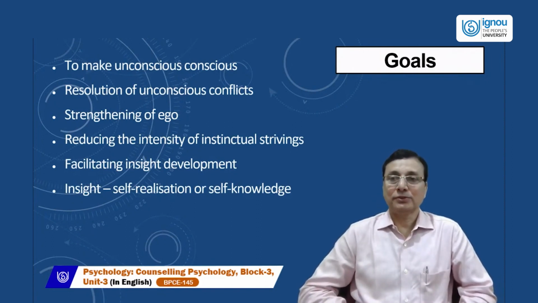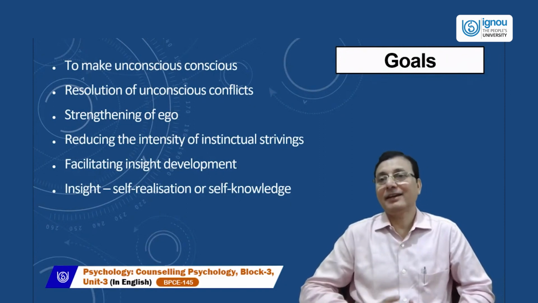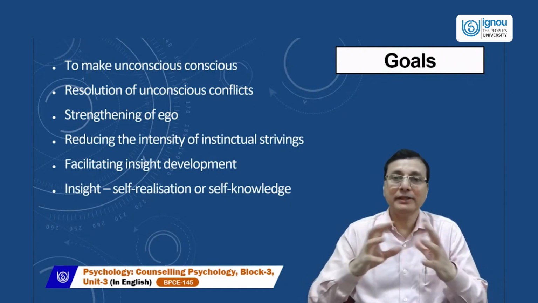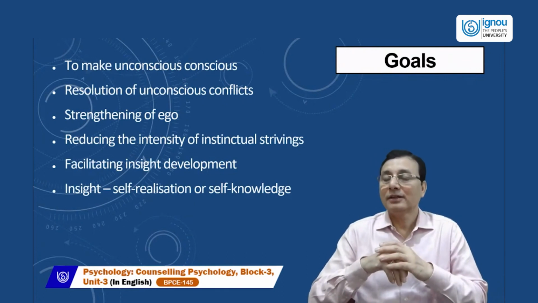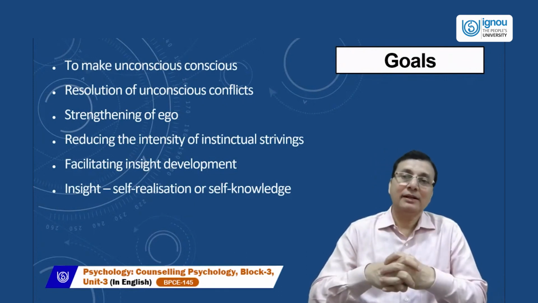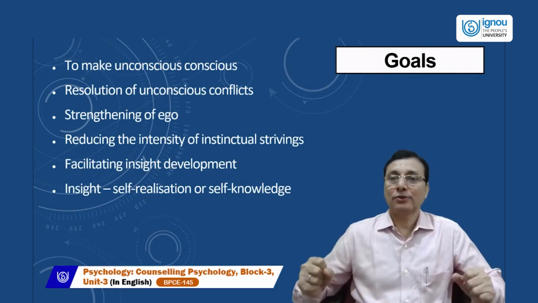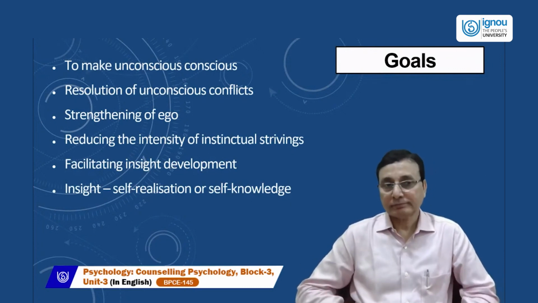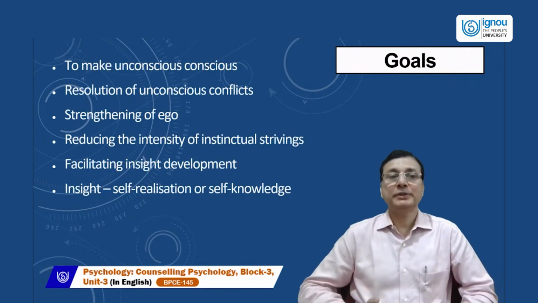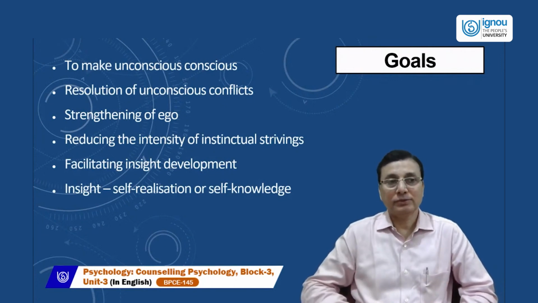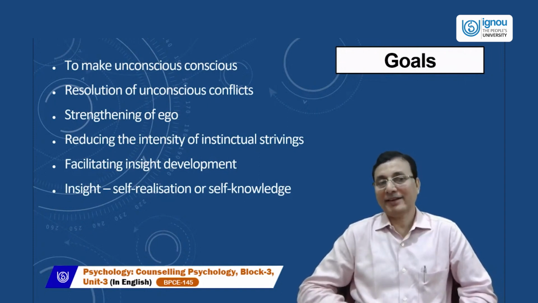Strengthening of the ego. If the ego is fragile, it will not mediate between the id and superego. You can imagine that a weak person cannot stop two strong persons fighting. So the ego should be strong. Ego strength should be more. Reducing the intensity of instinctual striving.